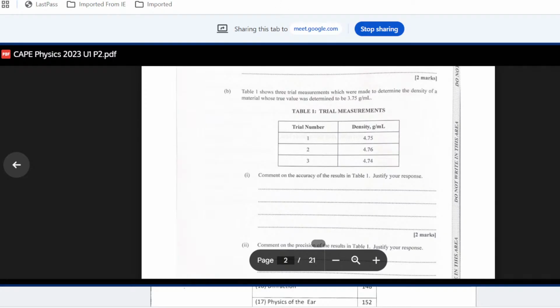They're highly inaccurate because they're very far away from the true value of 3.75, but very precise because they're all 0.01 away from each other. It's not close to the true value, so it's not accurate, but the values are close to each other, so the measurements were precise. Alright, no problem with that.